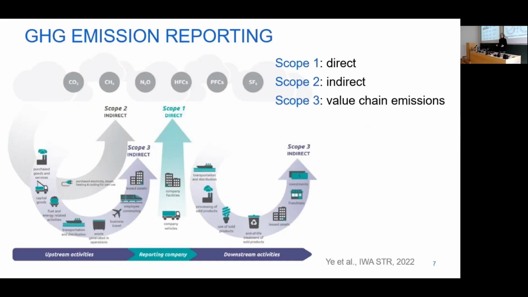And they make a distinction between the Scope 1 emissions, which are the direct emissions from the processes, such as methane and N2O, if I look at that for wastewater treatment, but also indirect emissions, which are associated with the purchased energy, the typical CO2 emissions from energy consumption, and then also Scope 3 emissions, which are value chain emissions, which may come from the upstream activities, but also from the downstream activities, including also transportation.